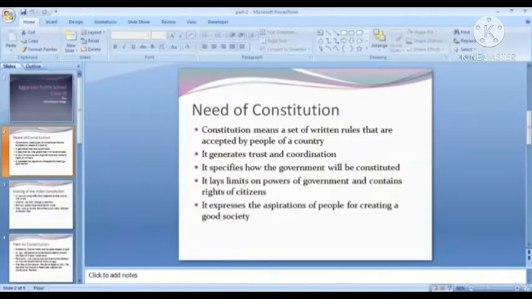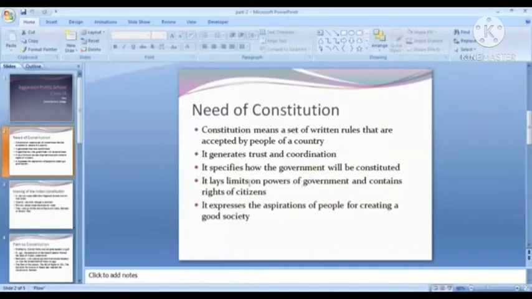Number 3, it lays limits on powers of government and contains rights of citizens. Mean constitution lays limitations on the powers of the government. Mean the ruling party or the ruling government can't do work according to its will.